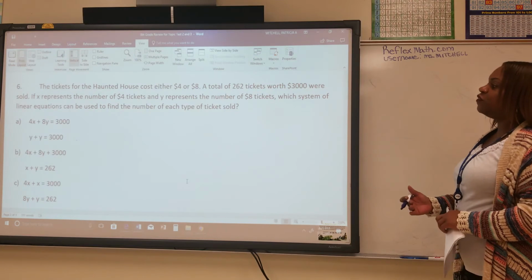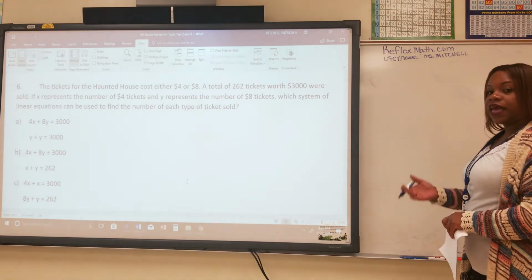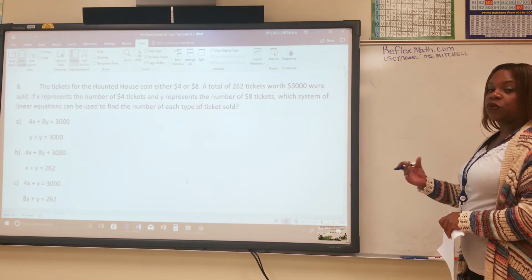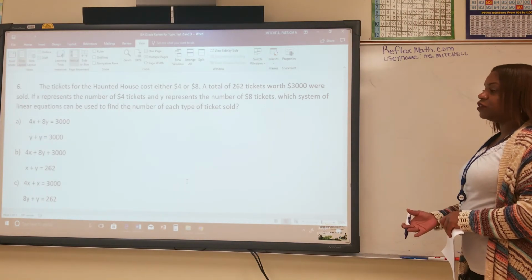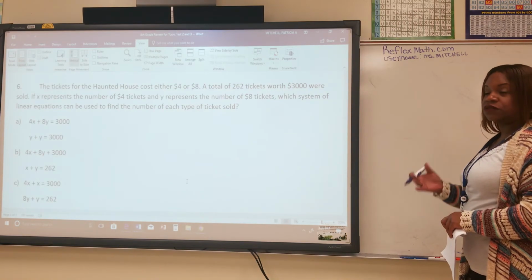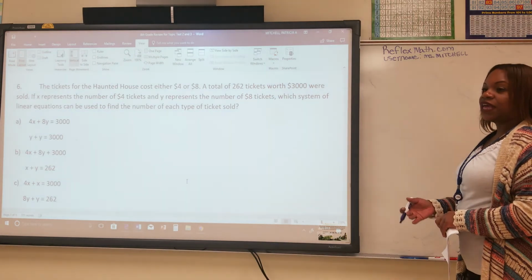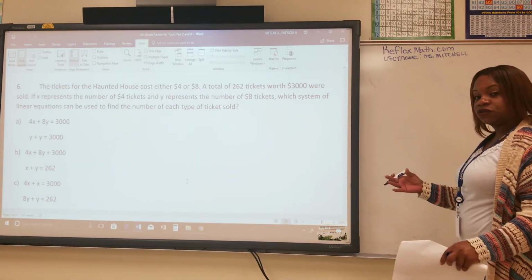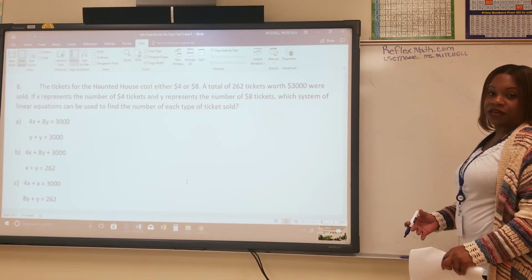The only information that they give us is that the ticket costs either $4 or $8, okay? They said a total of 262 tickets was sold, and that all of those 262 tickets came out to be $3,000.